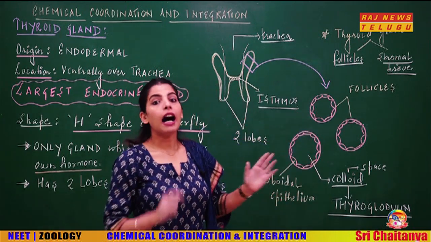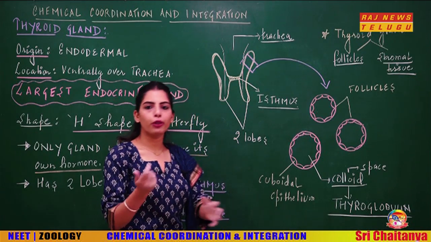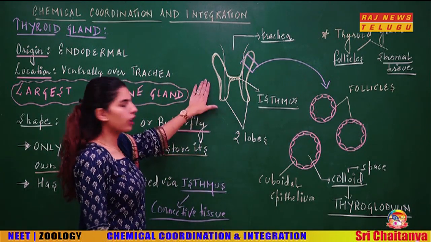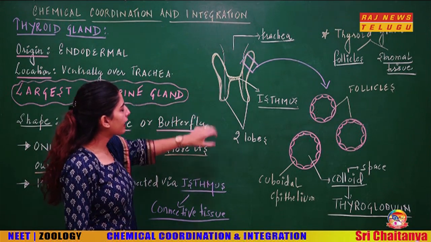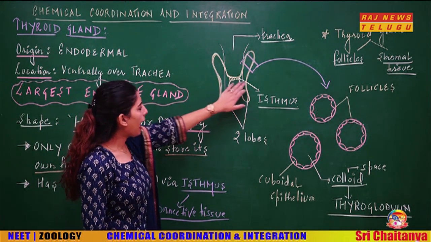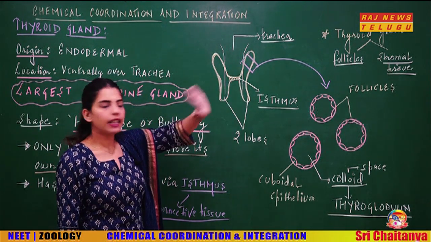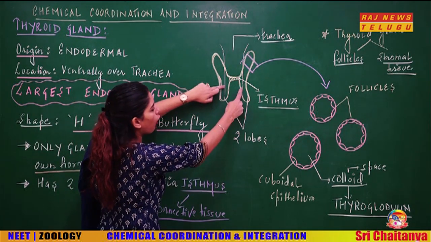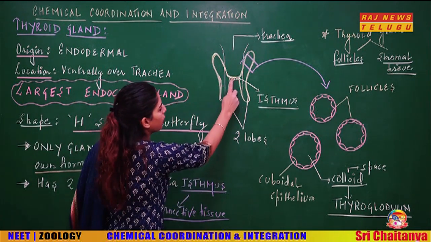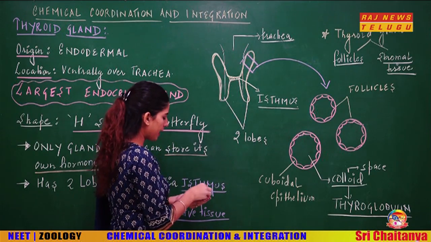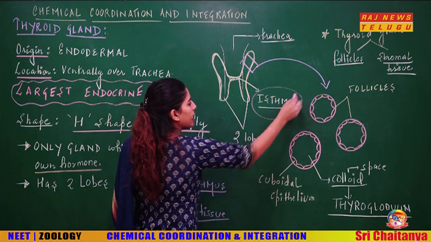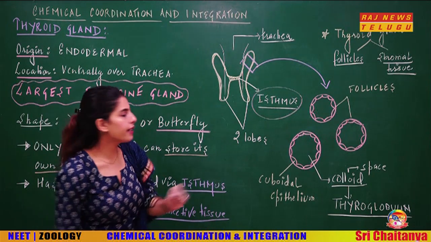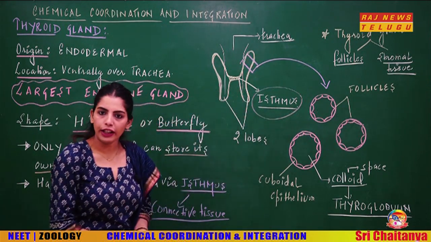Let us look at how the isthmus and both lobes look. Focus on this diagram. This is one lobe and this is the other lobe of the thyroid gland, and both lobes are connected with this tissue. This connective tissue is called the isthmus.